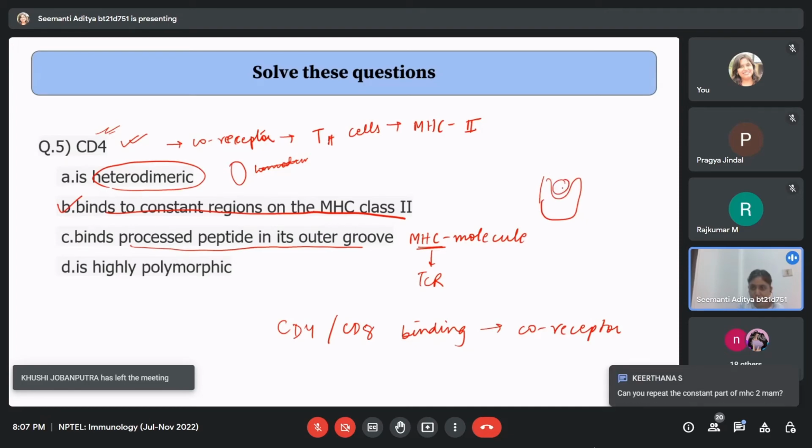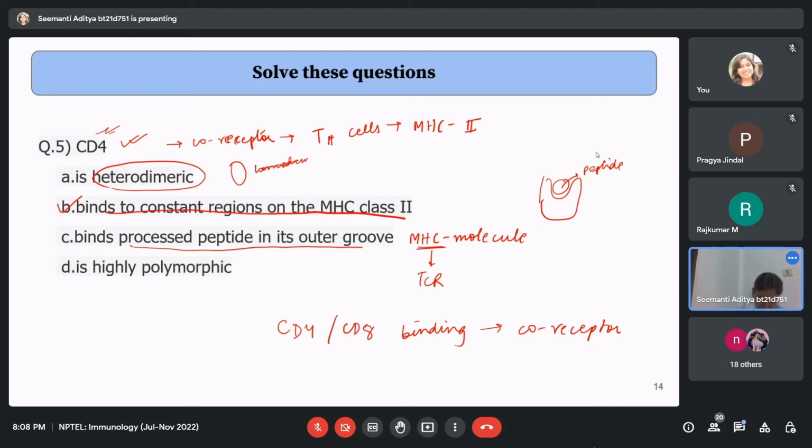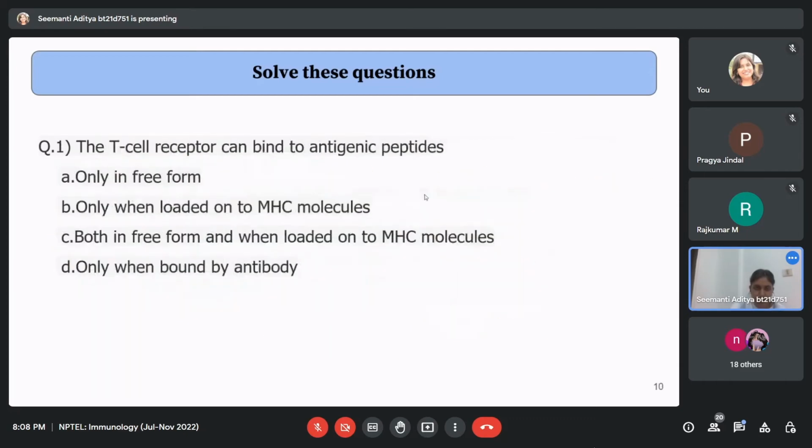Here is the peptide. Can you repeat the constant part of MHC2, ma'am? Constant regions of MHC2 are these regions.